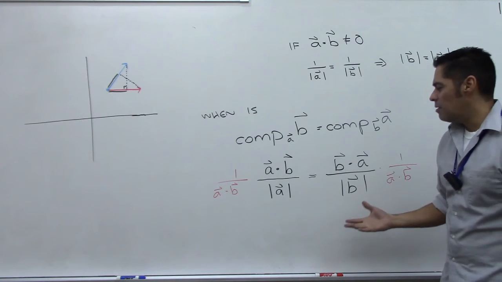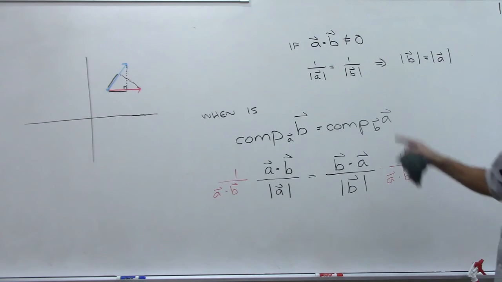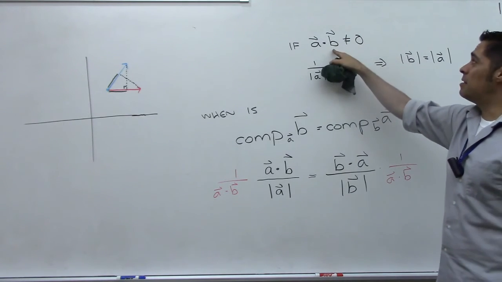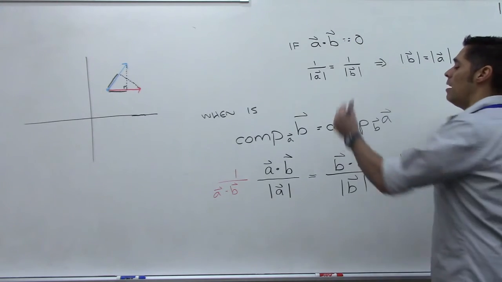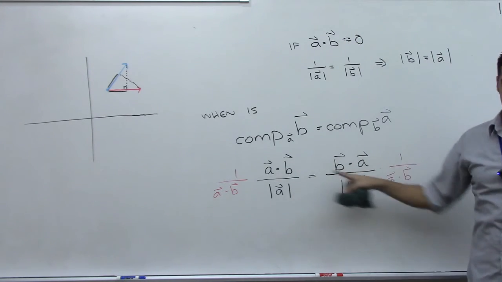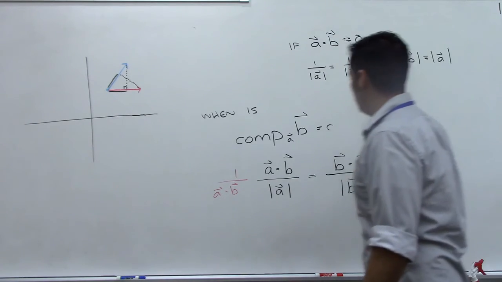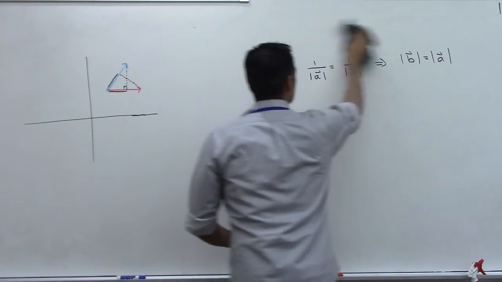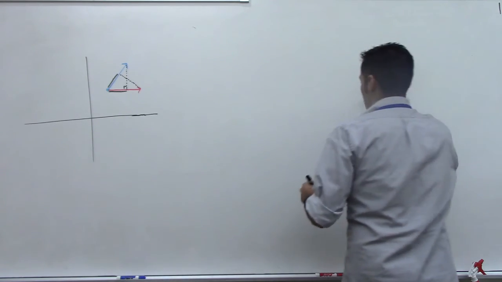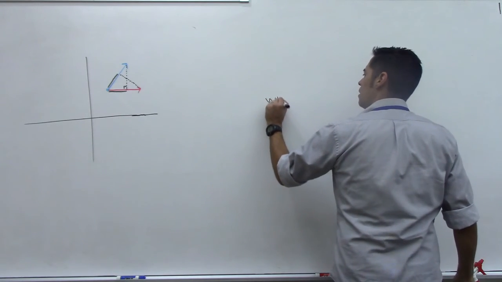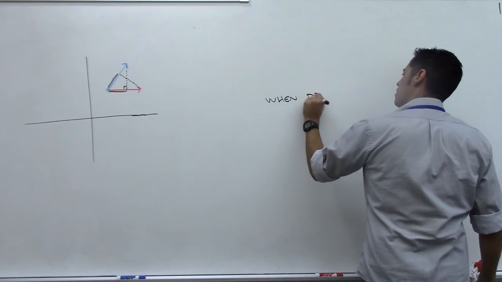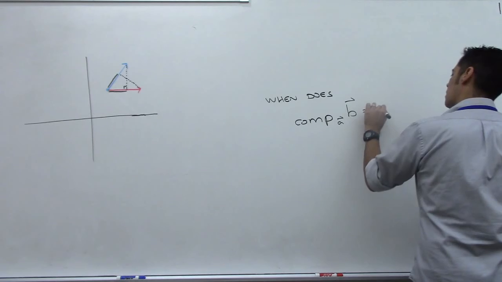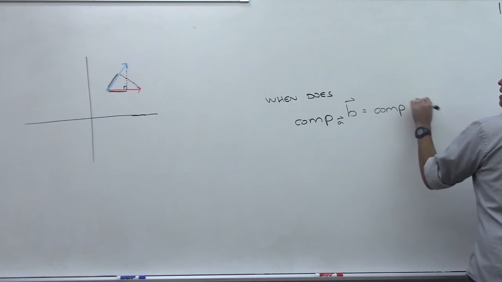So originally we had said if the dot product isn't 0, then the lengths have to be the same. Now what we're saying is that actually doesn't matter, because if the dot product is 0, then these two are equal. So we kind of have two different things. When does the component of B onto A equal the component of A onto B?